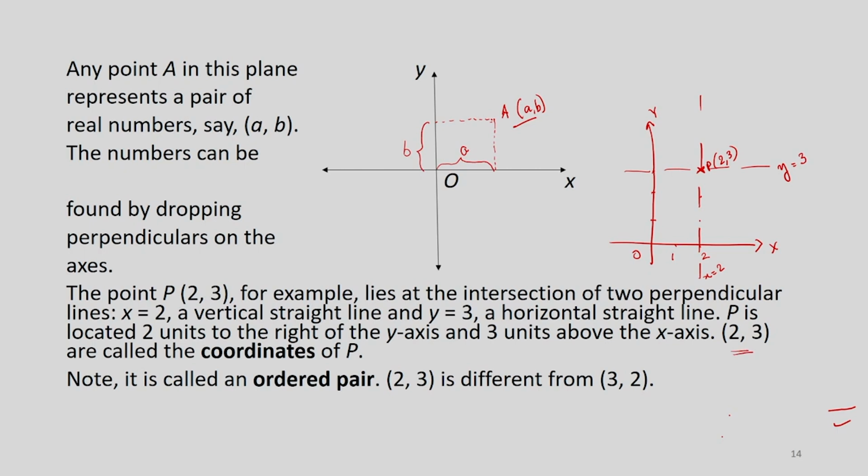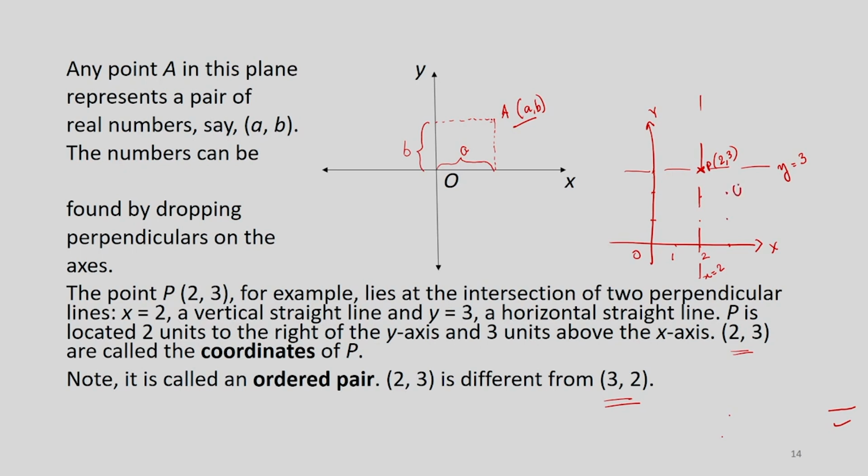Note, this is called an ordered pair. Ordered pair means it matters where you are putting this number. 2, 3 is different from 3, 2. Okay? 2, 3 is not same as 3, 2. 3, 2 will be where? 3, 2 will be 3 and 2.